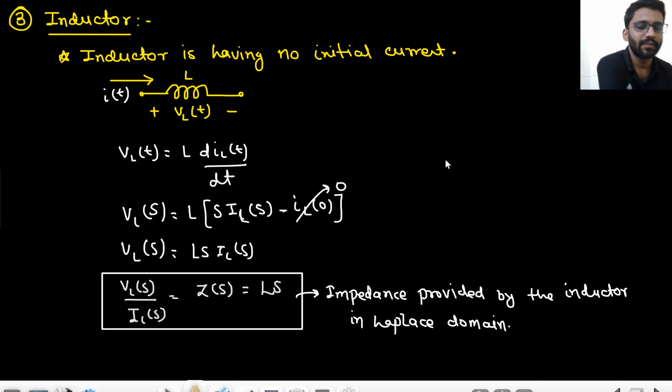So if there is an inductor between A and B, how will you replace it with impedance in the Laplace domain?